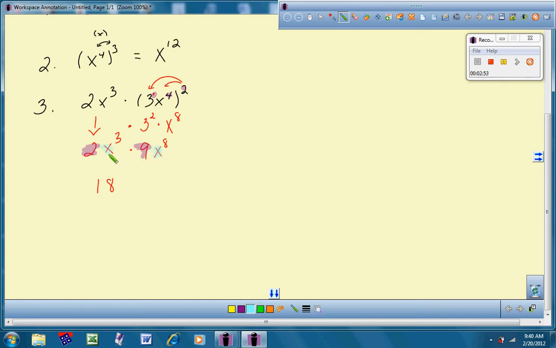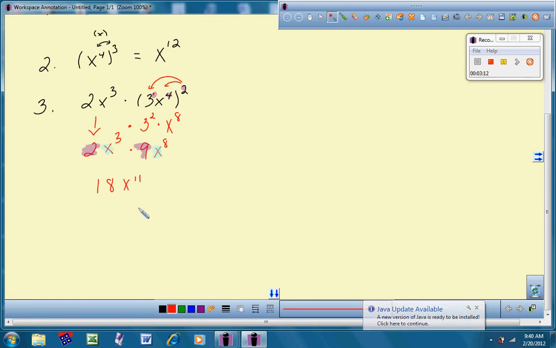Properties of exponents tell us when we have two bases that are the same, we're going to go ahead and add the exponents. So we would get 18 times x to the 11th. This is your simplified answer left in power form.